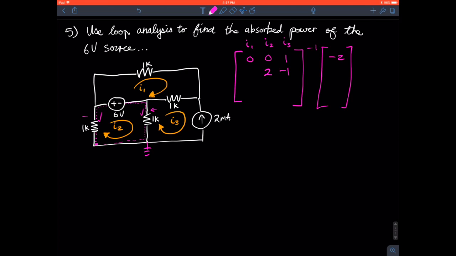It doesn't touch anything over here on I1, so we just write a 0. However, we did walk through this 6-volt battery supply, and if you were to write out the equation, you would go positive to negative, so this would be a plus 6, but because it's a constant, when you switch to the other side, we're just going to write minus 6.